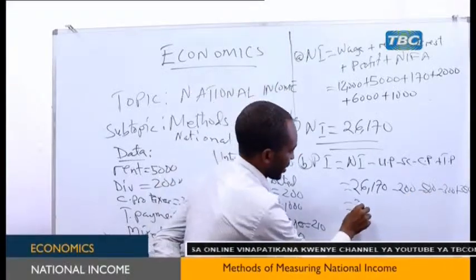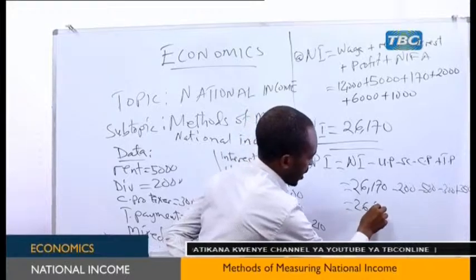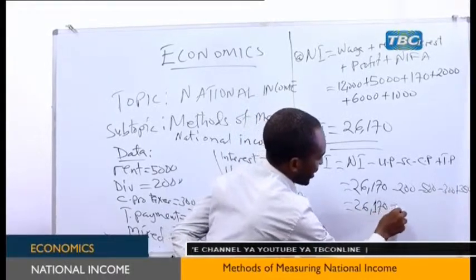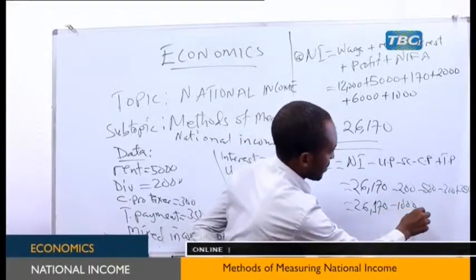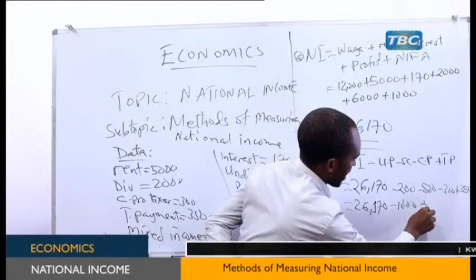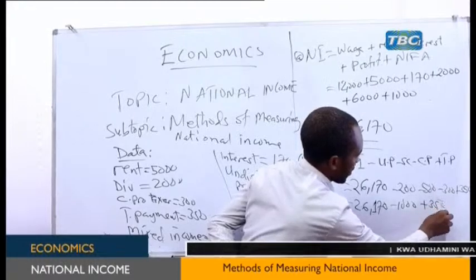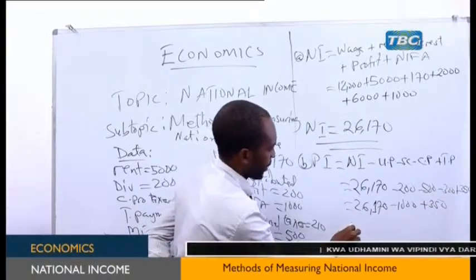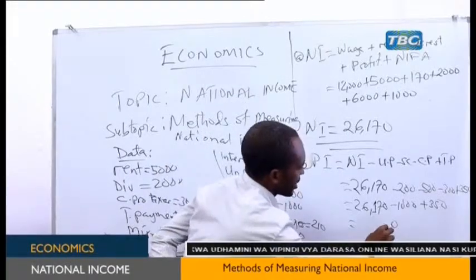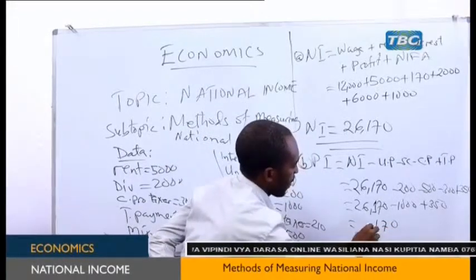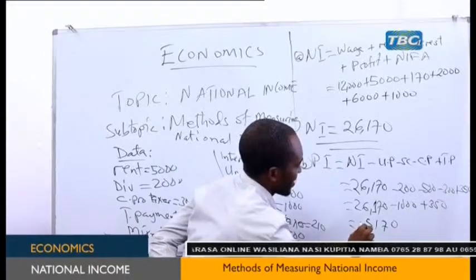So you take 26,170 minus 1,000, then you add 350. So when you subtract, you remain with 25,170.